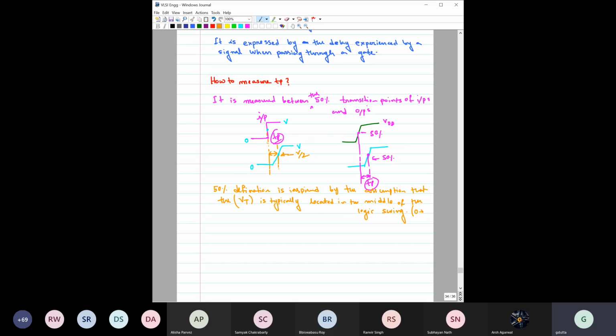Logic swing is 0 to VDD, right? So this is one thing that is important: you should understand why we are interested in taking it to be nearly 50% to 50%, right? Okay.